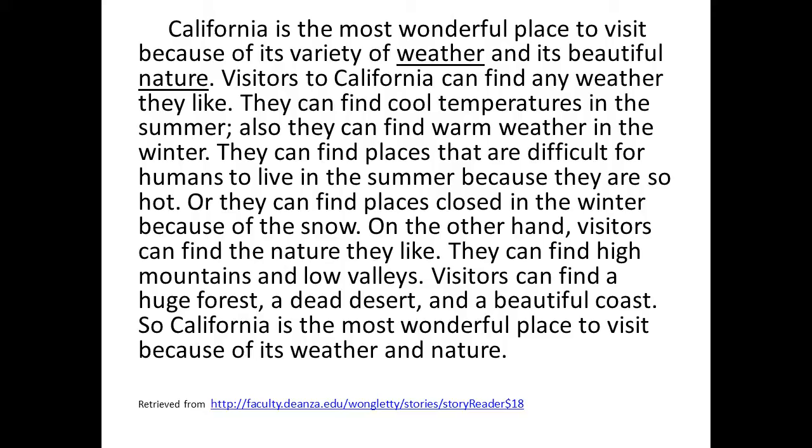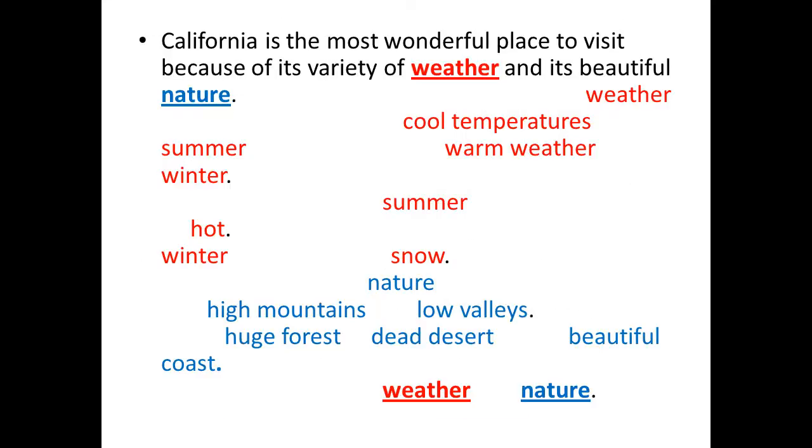Let's take a look. Here we have a little bit of coding. Remember, this was supposed to be about weather and nature. So the weather is in red, nature concepts are in blue. The first part of the paragraph discussed weather. Here are the content words. Are they all associated with weather?